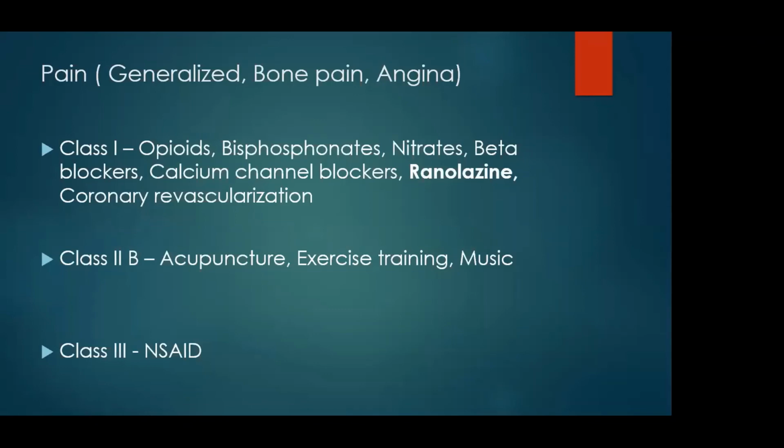It acts on late sodium channels in the cardiac cycle and inhibits calcium and sodium influx into the cells, so that there is less contraction, and it gives relaxation to the muscles, especially the coronary vasculature, and blood supply to that area happens, and there is less angina pain.